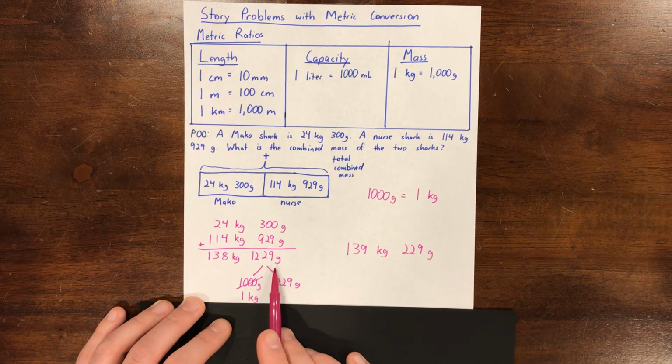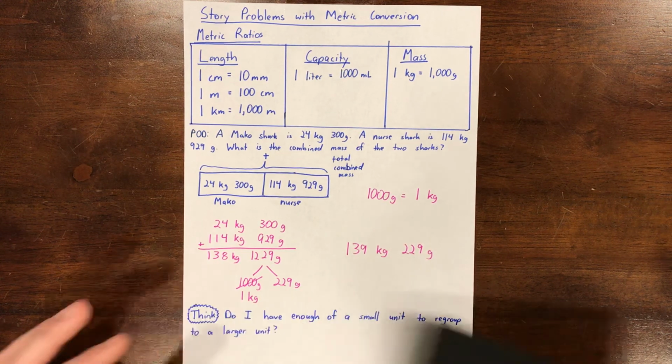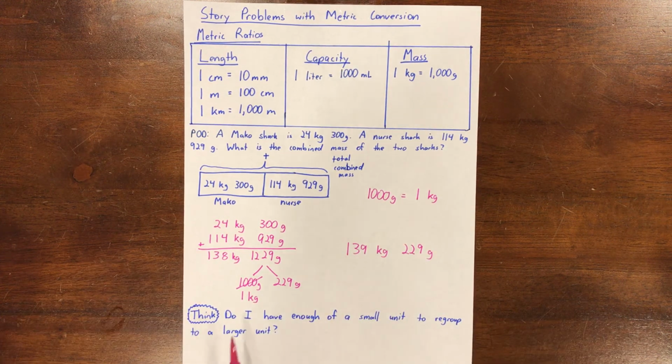We had enough grams that we could regroup and make a kilogram. And we can use our ratios to help us. Okay, read this key point with me. Go ahead. Do I have enough of a small unit to regroup to a larger unit? Keep that in mind as you work today, and let's move on to our try one more.